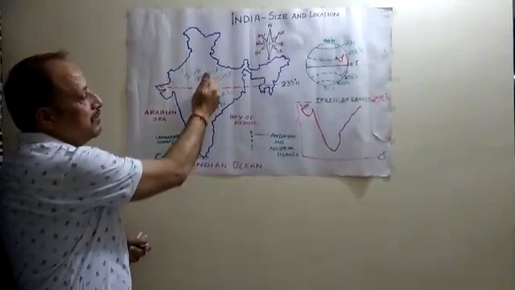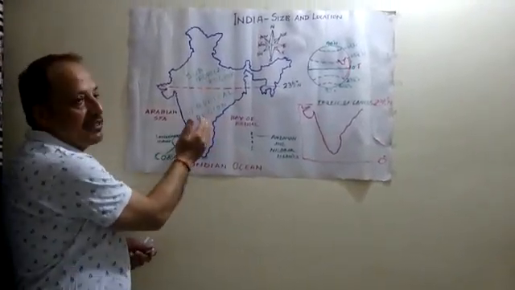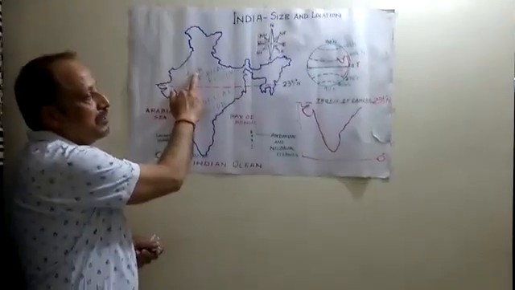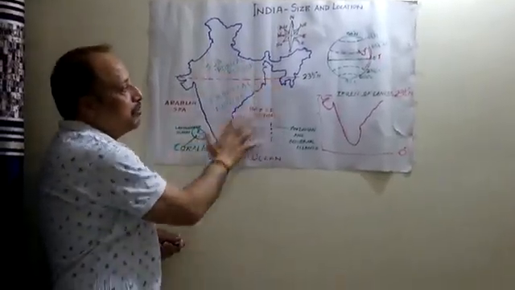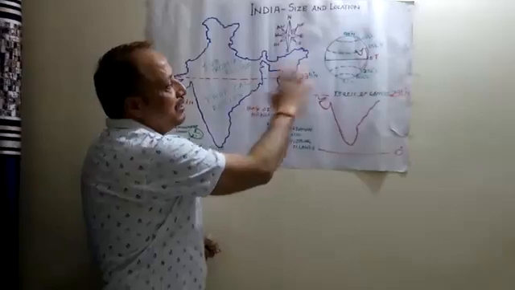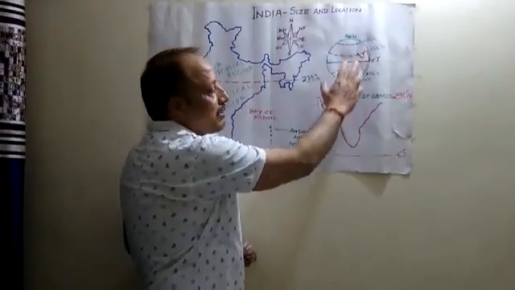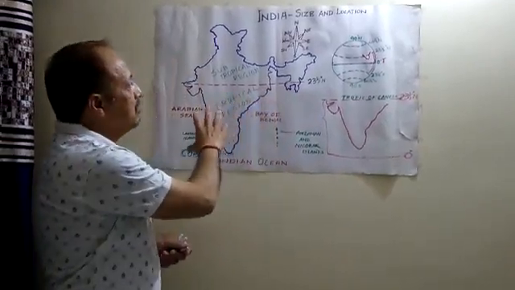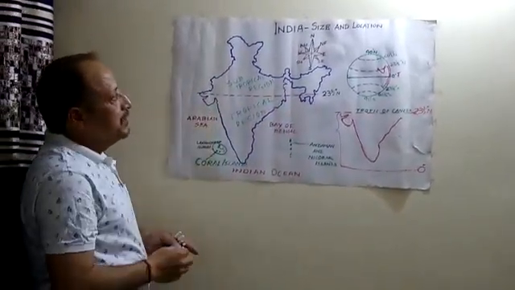So it is divided by this. The south of it is known as the tropical region. North of it is called the subtropical region. So at least if you know this much, and where India lies on the globe, India lies mainly in the tropical region.